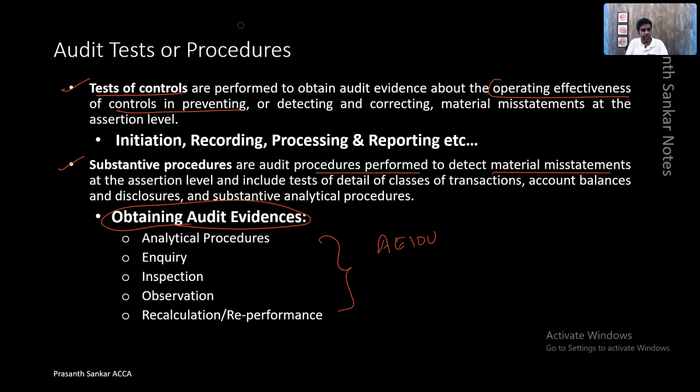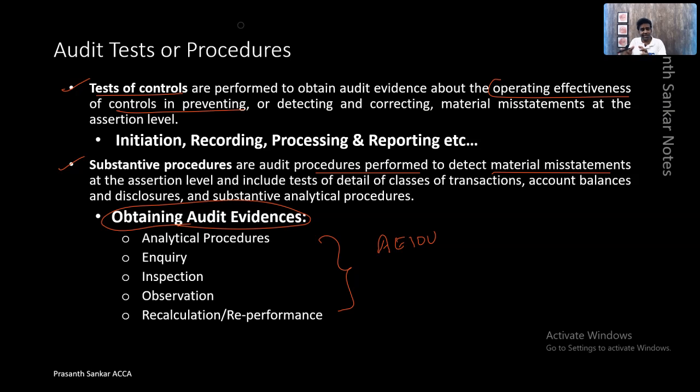Inquiry: you're talking to the client and understanding the process, how they have recorded the transaction. It is an evidence. Inspection: you're checking the books of accounts, the invoices, comparing them against the transactions, which is obtaining evidence itself. Observation: you're checking how the accountant is posting the journal entries, which is a collection of evidence itself.